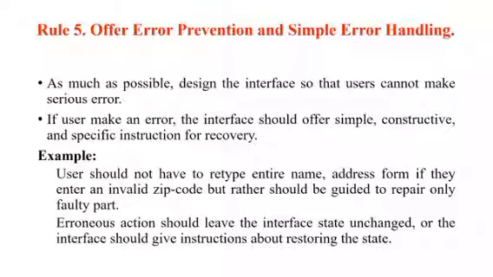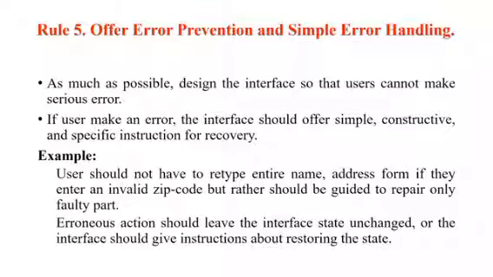Erroneous action should leave the interface state unchanged, or the interface should give instruction about restoring the state. So if the user mistakenly enters an invalid or wrong zip code, which is at the middle level, at that point the user should get the offer to repair that fault.